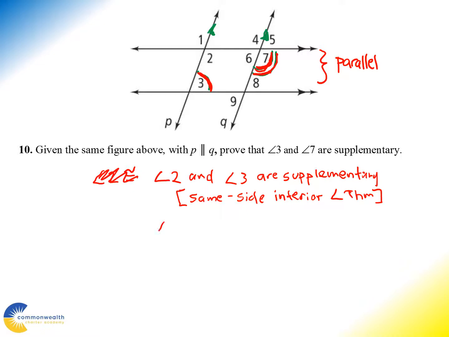I know that angle 2 is congruent to angle 7. That's because they are corresponding angles with this top line being a transversal and P and Q being the lines that transversal intersects. So I could say that that's true by the corresponding angle postulate.